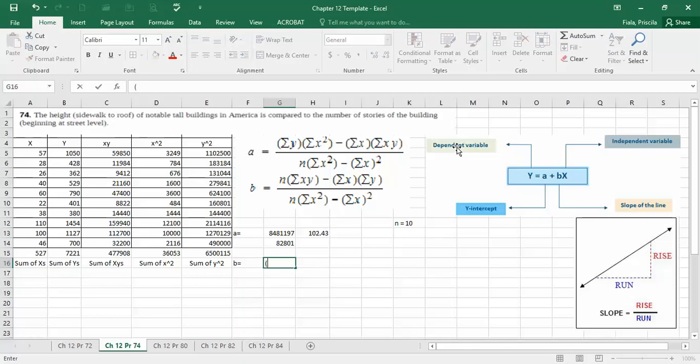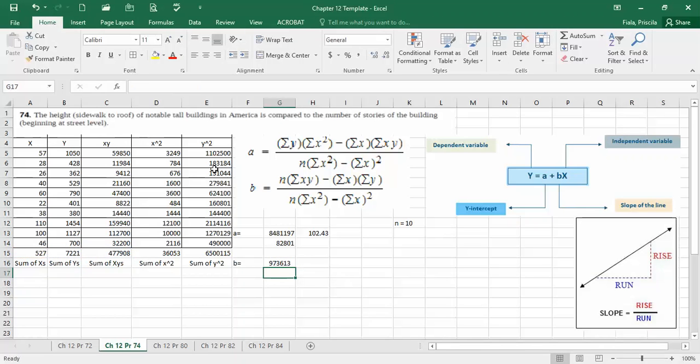So we have the sample size, which is 10, times the sum of x and y's. Oops, I didn't put the equal sign, right? The sum of x and y's, I'm talking about the top part of B, of the slope, minus the sum of my x's times the sum of my y's.